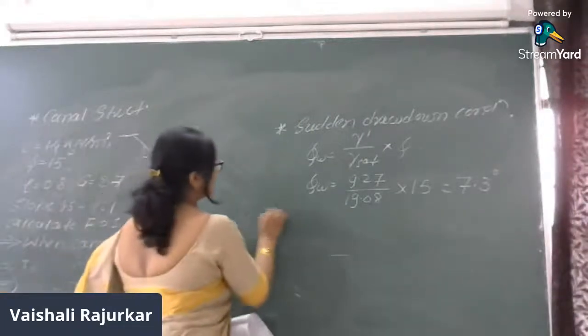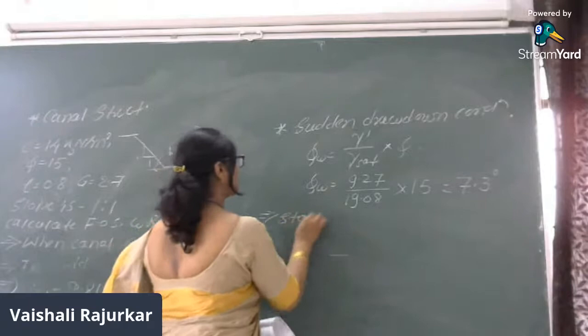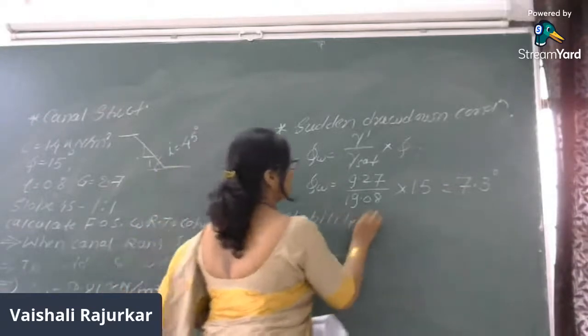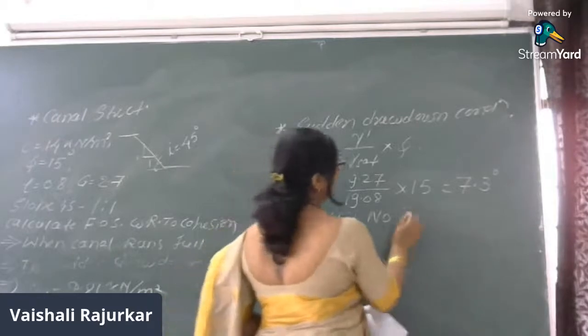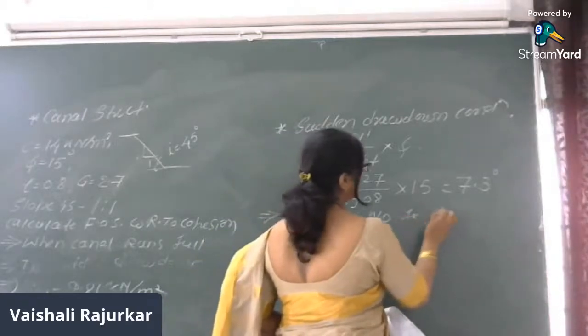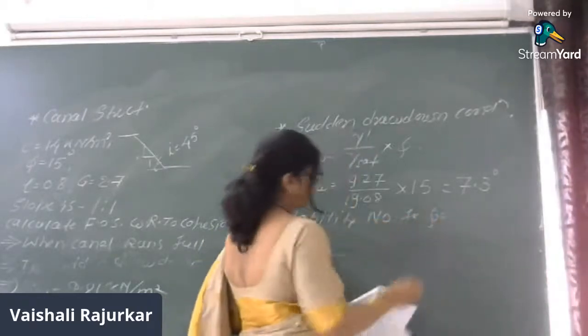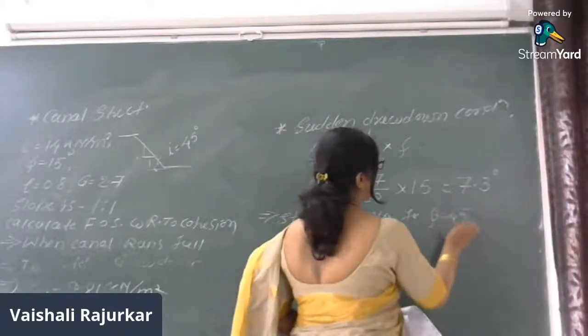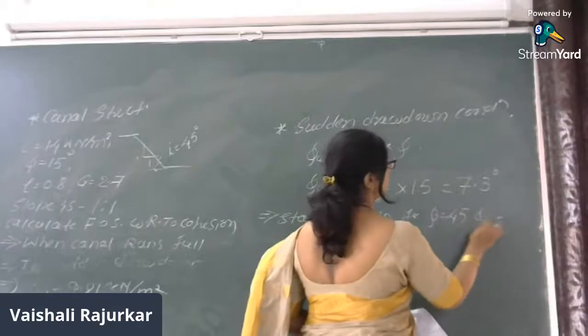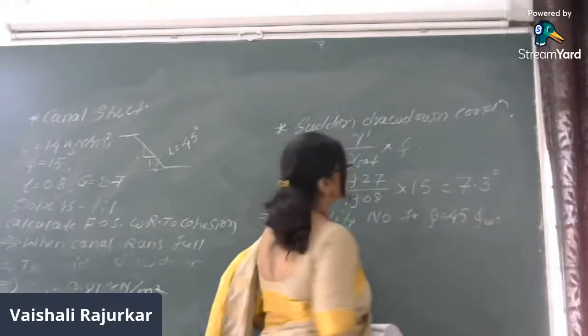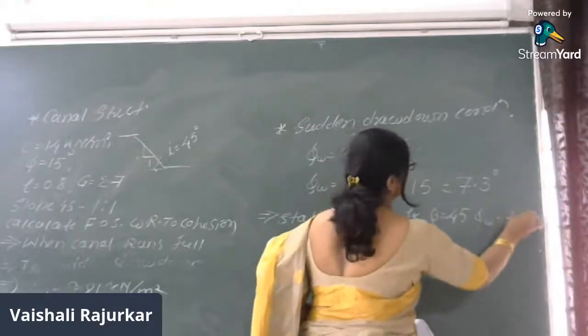Now again we will find the stability number for beta equal to 45 and phi w, that is 7.2.